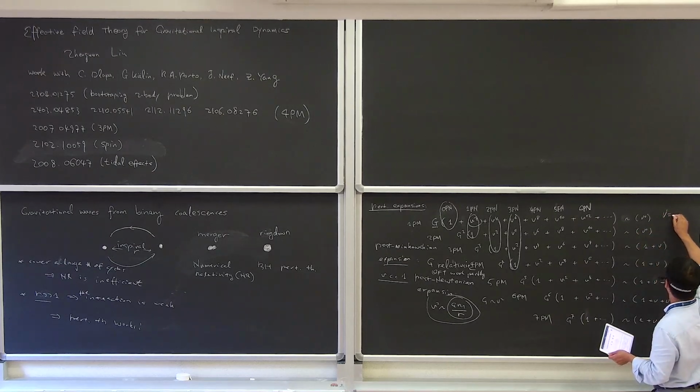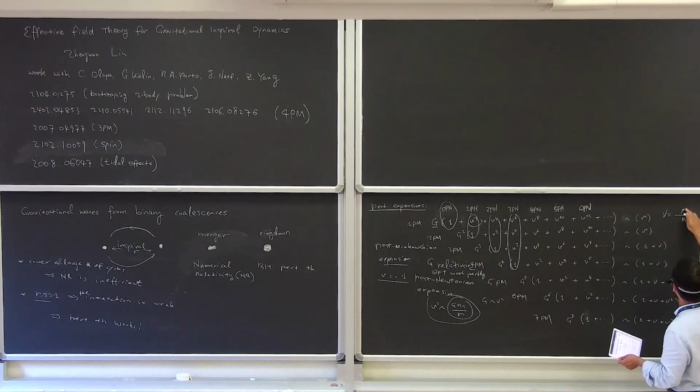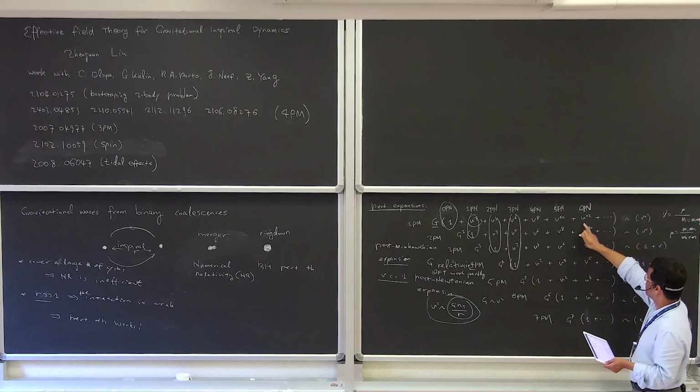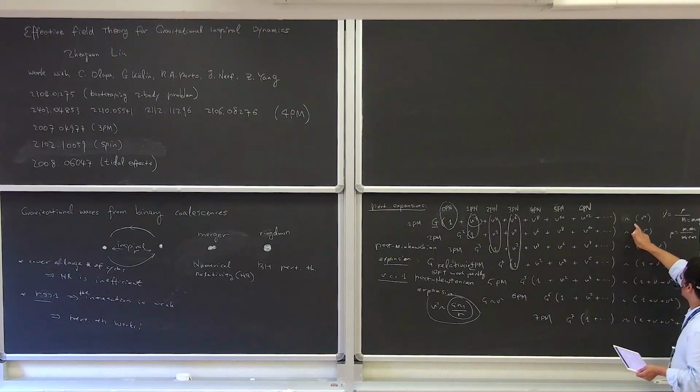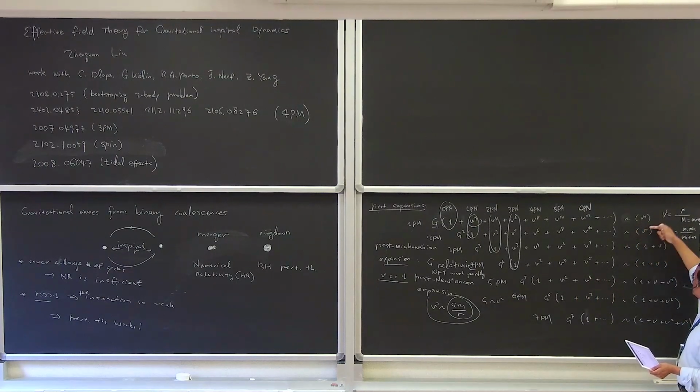We define mu and nu as mu over M, where mu is the reduced mass and M is the total mass. So the 1PM order and 2PM order results contain only nu zero order, up to some overall constant.